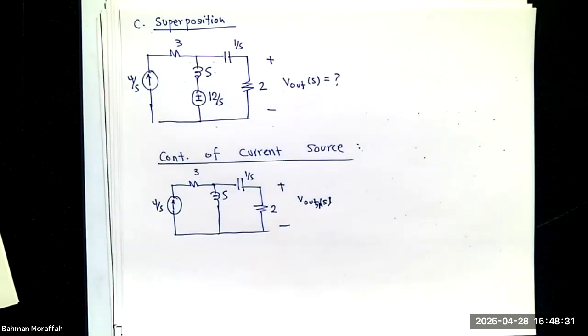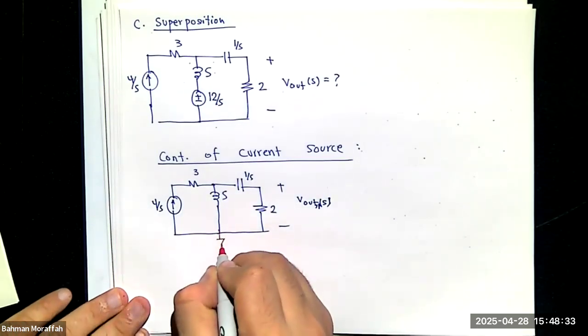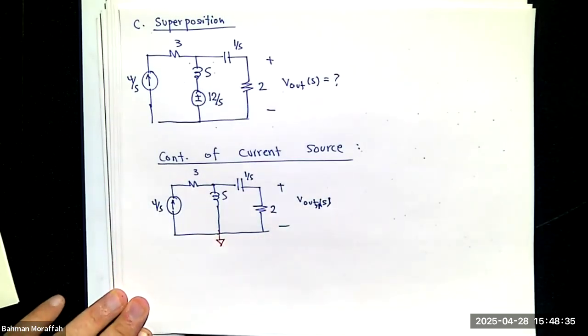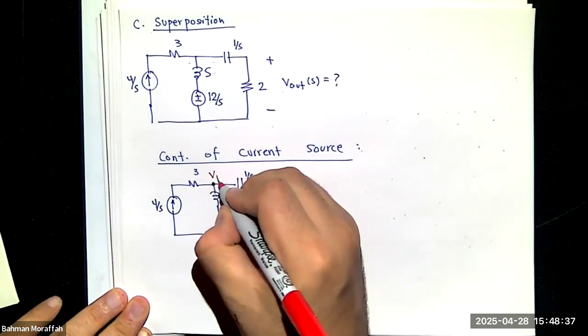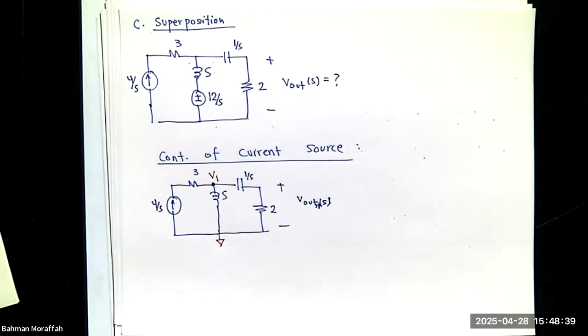Let's do nodal analysis. So I'm going to call this my ground. Call this V1. What is the KCL at V1?